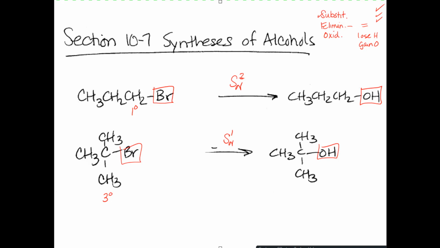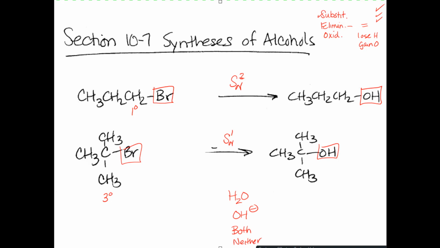And so what reagent should I use if I want to replace a Br with an OH? And I'll give you two. We could use H2O, or we could use hydroxide, or we could use both, or we could use neither.